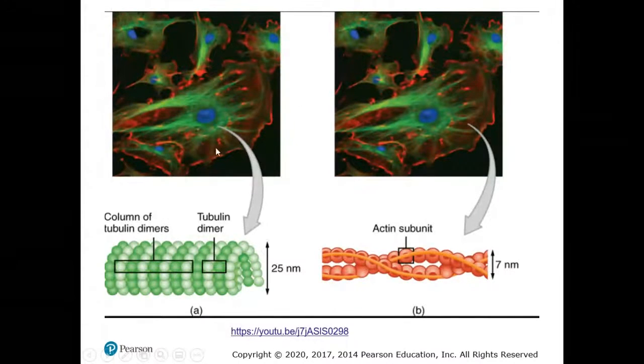So cytoskeletons are made up of microtubules, which we're looking at here. Microtubules are made up of proteins called tubulin. So tubulin proteins make up a helical microtubule. There's another protein called actin. These are filaments that are also part of the cytoskeleton.